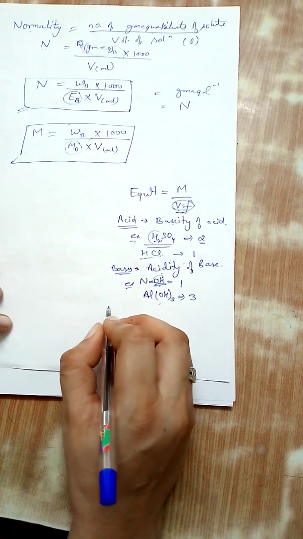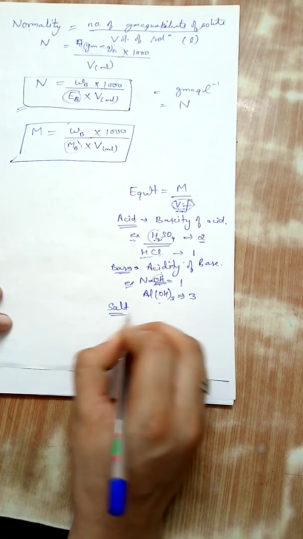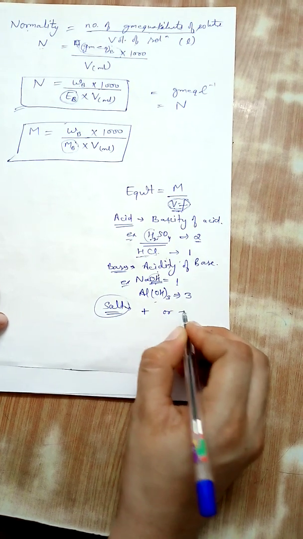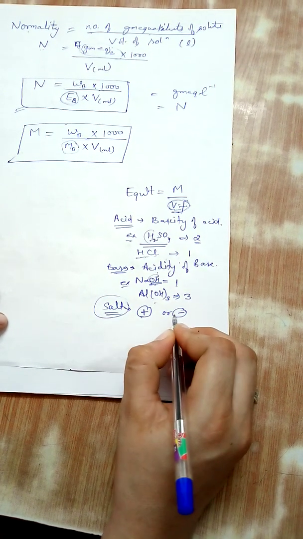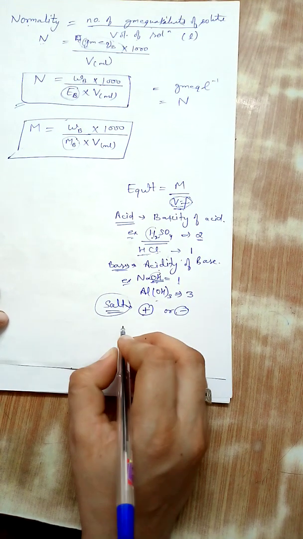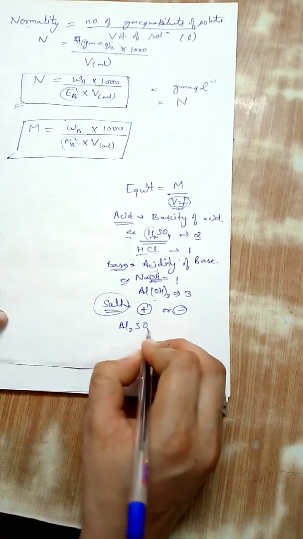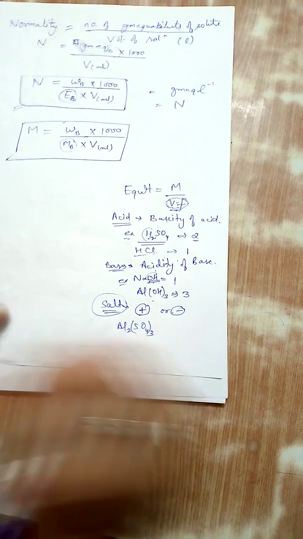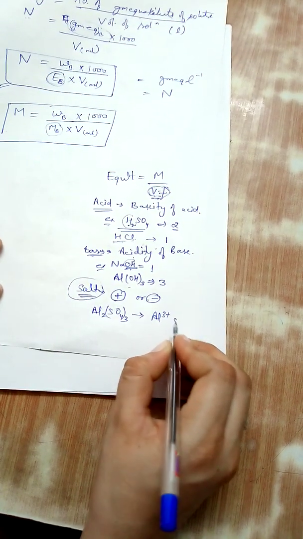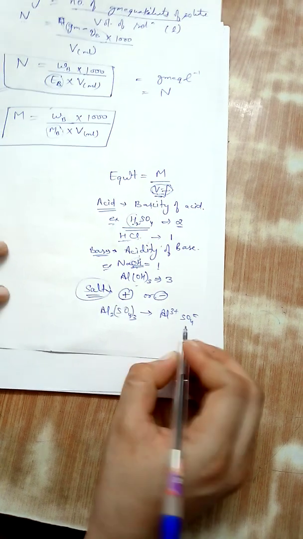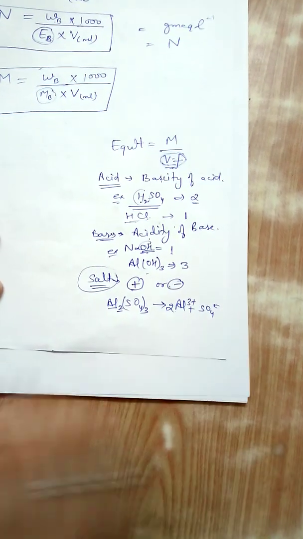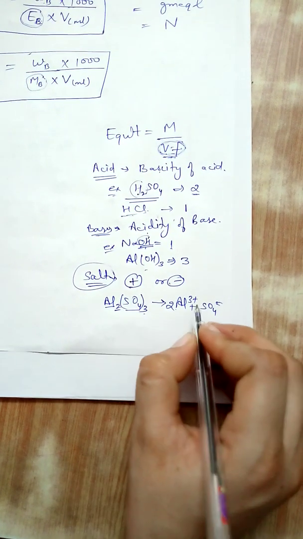If we are having any salt, in case of salt, the valency factor is the total positive or negative charge, because these will be balanced. Like if we are having a case of Al2(SO4)3, in this case the valency factor is, just break it, Al3+ and SO4 2-, and when you balance the equation, here aluminum is 2, so you will write this 2, sulfate ions are 3, you will write 3.